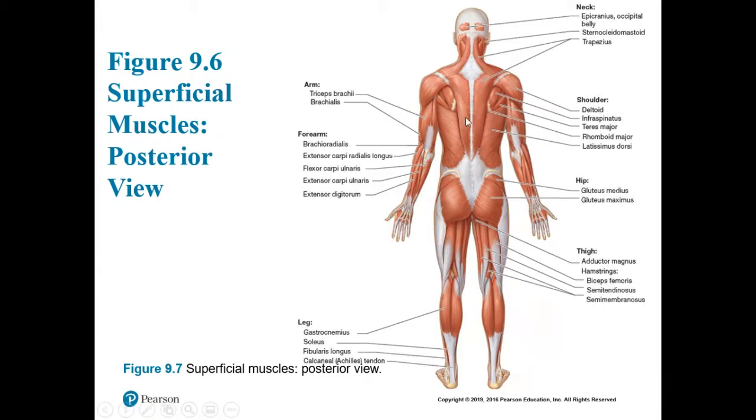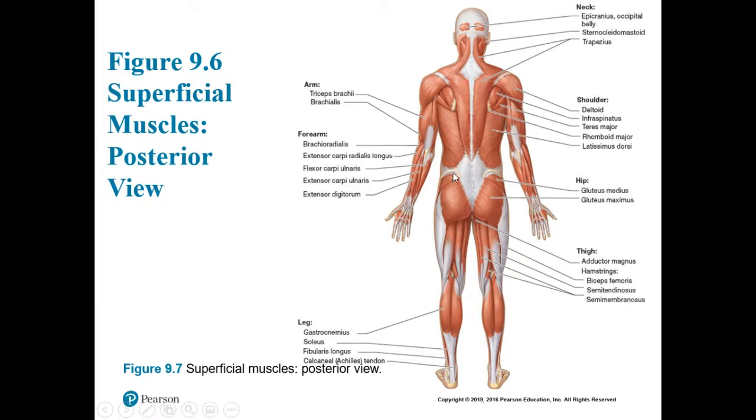Now, which vertebrae? Thoracic vertebrae and lumbar vertebrae. So that's the origination point. The latissimus dorsi also originates on the iliac crest, but on its posterior aspect. So this would be the iliac crest right here.